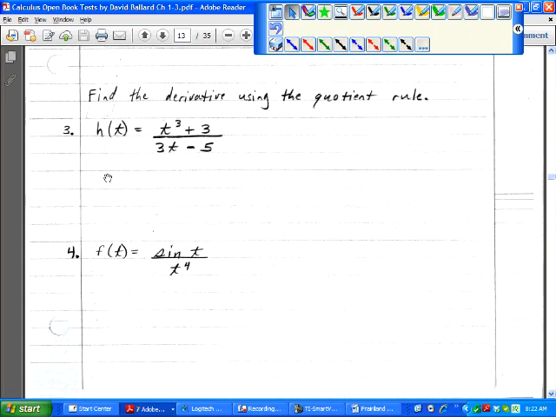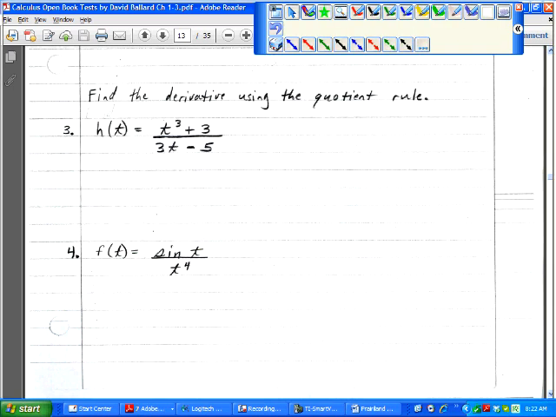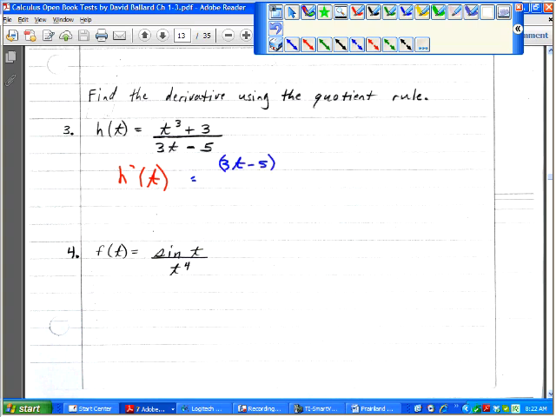Alright. Number 3 says, find the derivative using the difference quotient. And so, the rule is to do what? To find the derivative, we take the denominator, which is 3t minus 5, times the derivative of the numerator, which would be 3t squared.